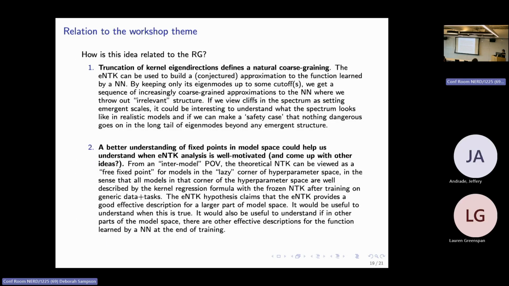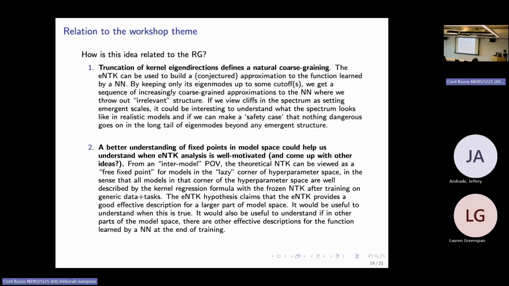If we keep only the top eigenmodes above some cutoff, we get a sequence of increasingly coarse-grained approximations to the model itself. If you believe the original hypothesis, we're throwing out irrelevant structure. If you view these cliffs as natural emergent scales, it could be interesting to understand what the spectrum looks like in realistic models, and maybe we can make a safety case that nothing dangerous goes on in the long tail of eigenmodes beyond the cliffs that show up.